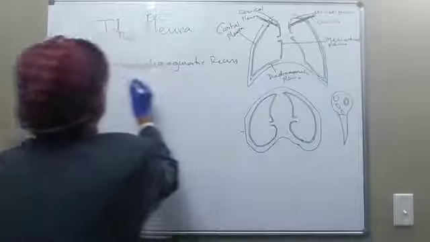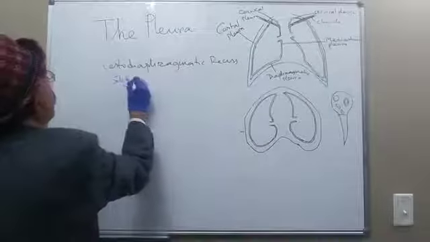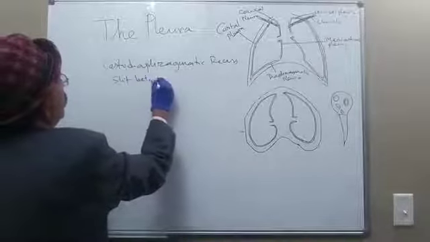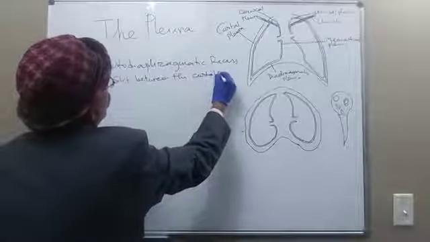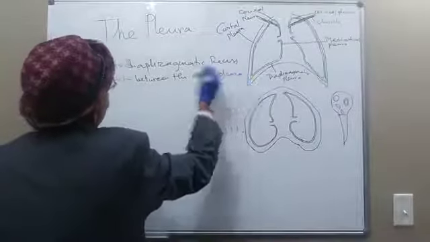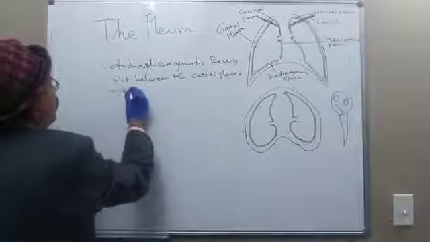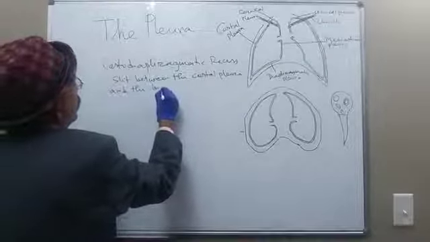So it is a slit between the costal pleura and the diaphragmatic pleura.